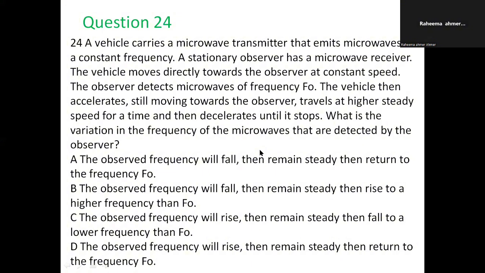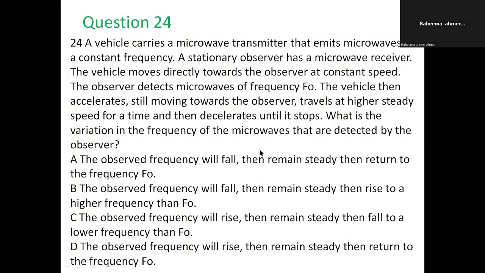And one more thing you must remember: the observer must be stationary. Then only you could investigate the Doppler effect at AS level. At AS level, the observer is stationary.